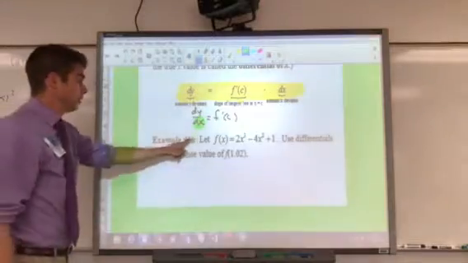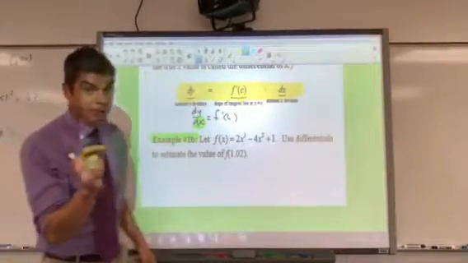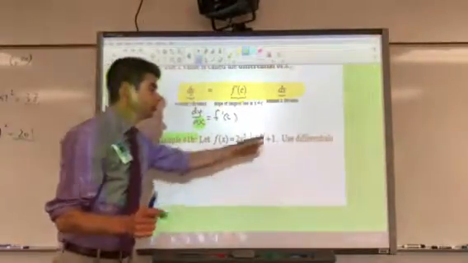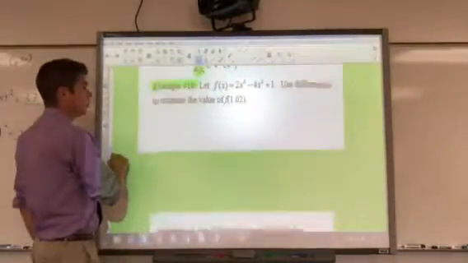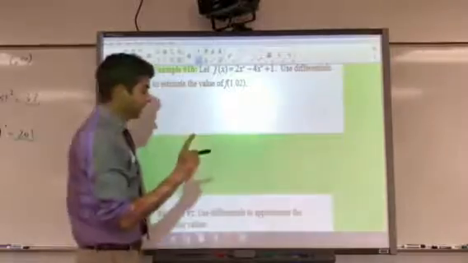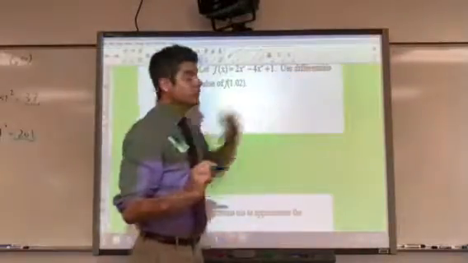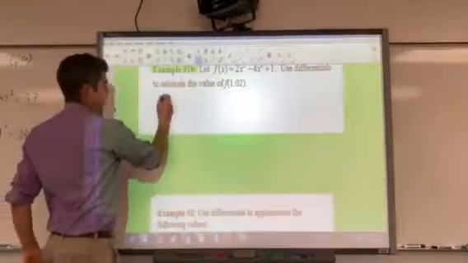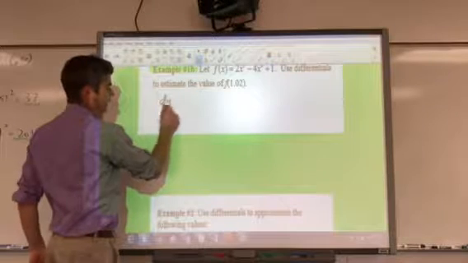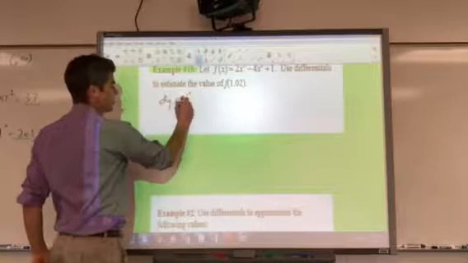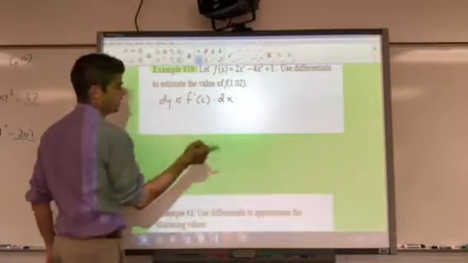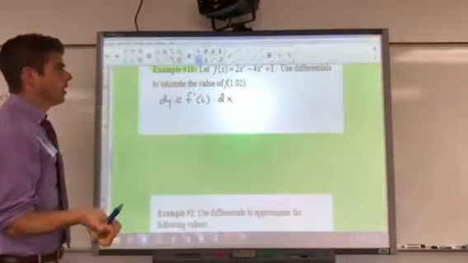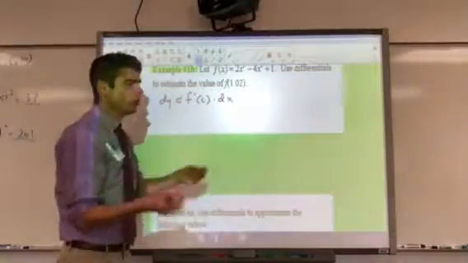So look at example 1b, exact same problem, but now it says use differentials. So when you see the word differentials, you want to focus on how much y deviates. So you would say dy, the amount y deviates, is approximately equal to the derivative at the point times how much x deviated by. You have to sort of interpret this.